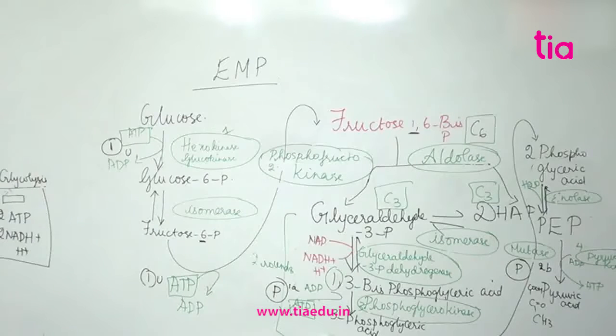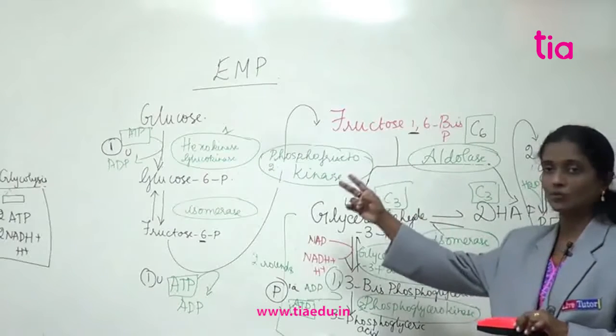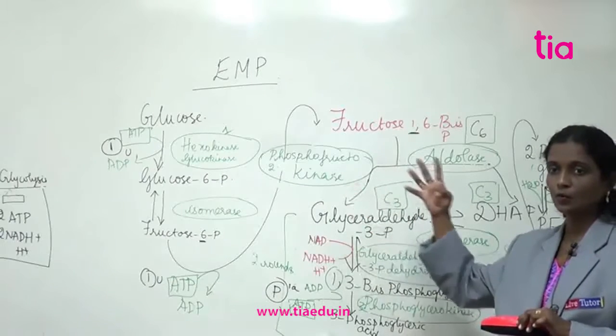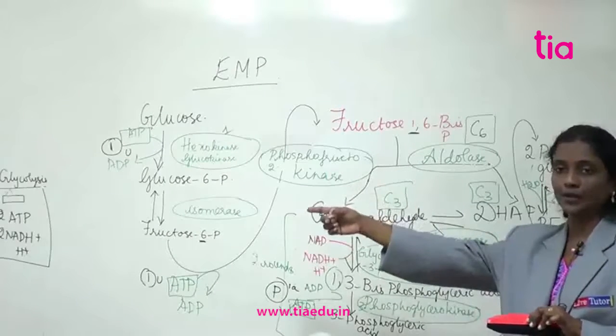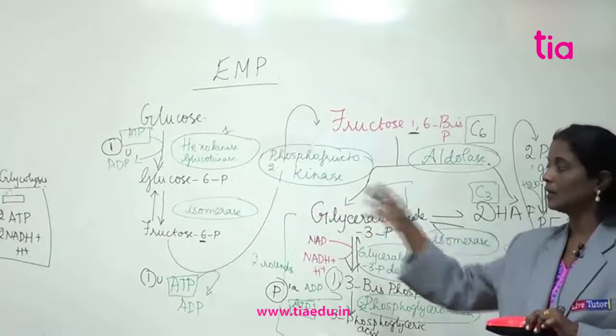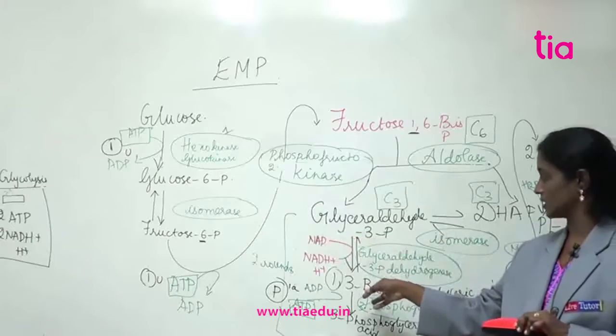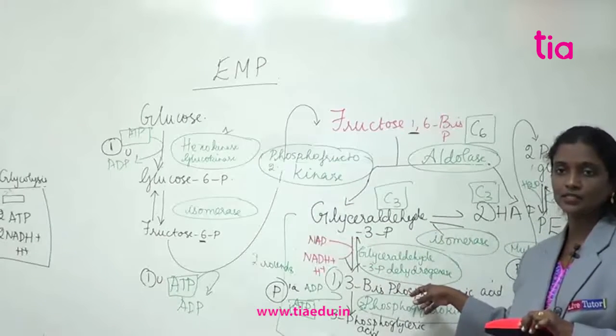Let me erase this and then we will go ahead. I hope you are doing the same in your notebook as well, so you can even verify with your notebook. We have done 10 steps so far. In the 10 steps, 2 we have invested, 4 we have got as benefit. So 4 minus 2, 2 ATPs, we have kept in the savings bank. Then 2 NADH here in the glyceraldehyde 3-phosphate dehydrogenase step.